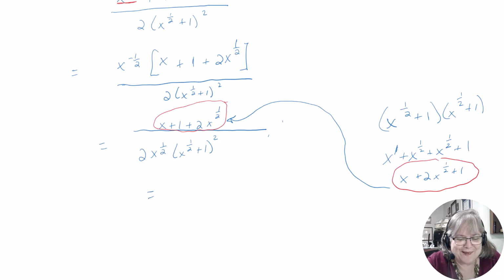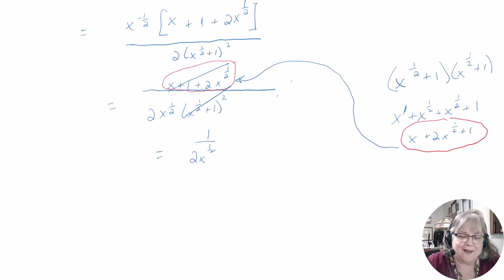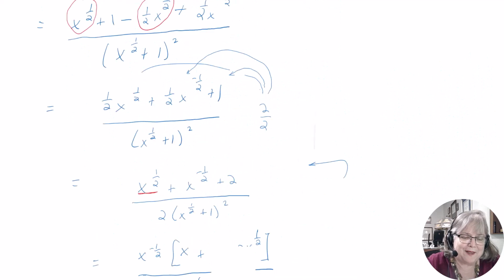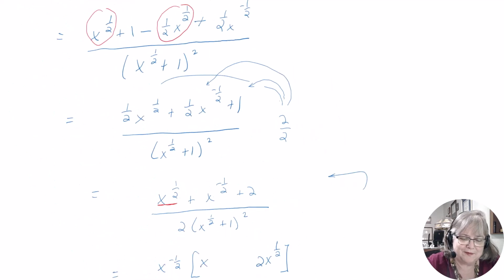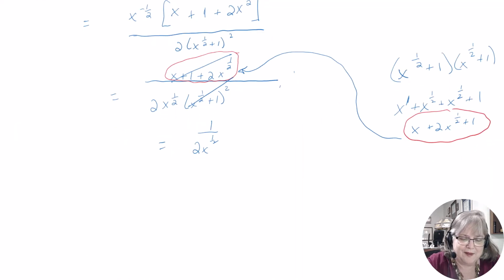So then you go, oh, this is 1 over 2 x to the 1/2 because this is going to cancel this out. And then you go, wait, wait, wait, wait, wait, wait. Let me look. Oh, it started with a square root. So this is 1 over 2 square root of x. We made it.